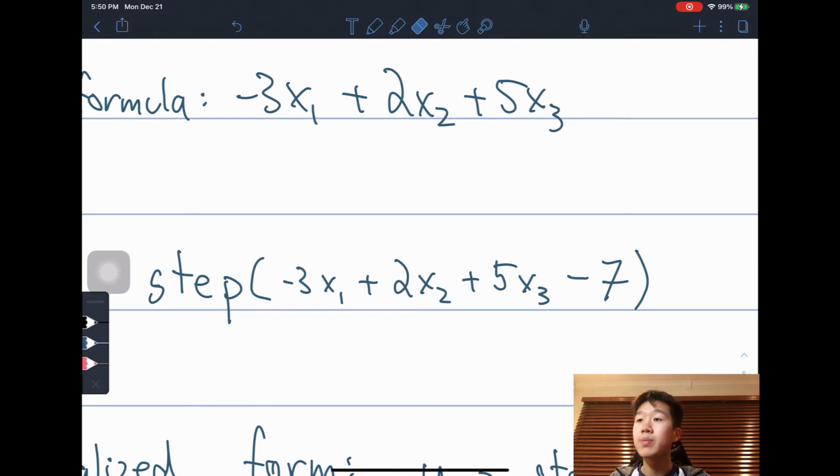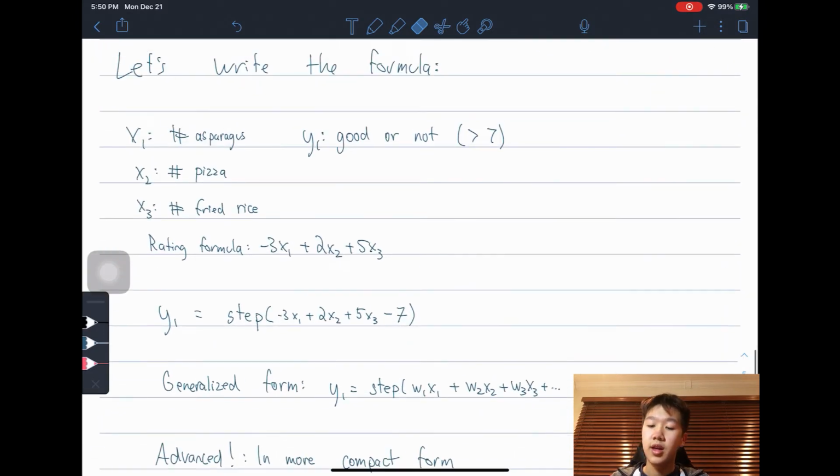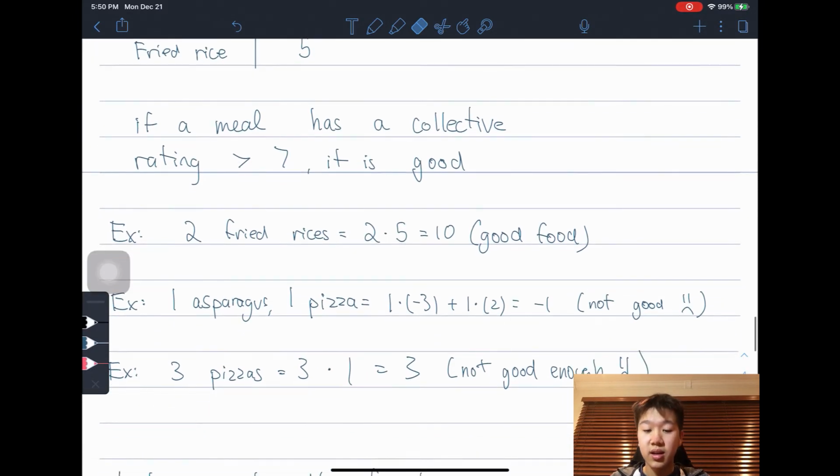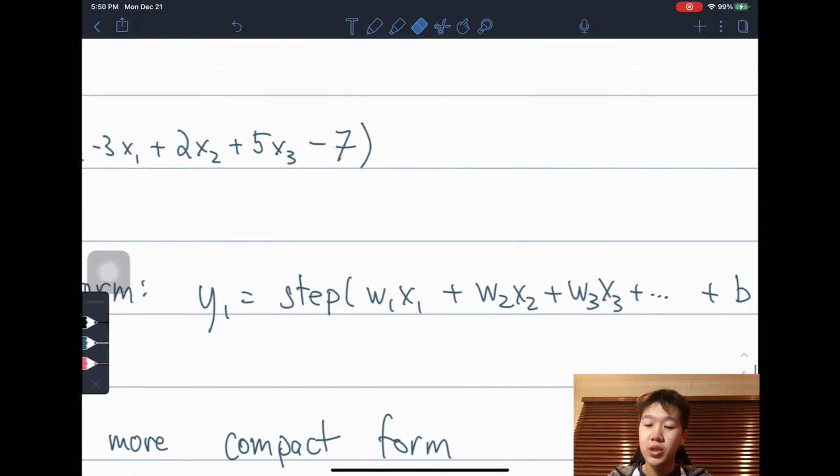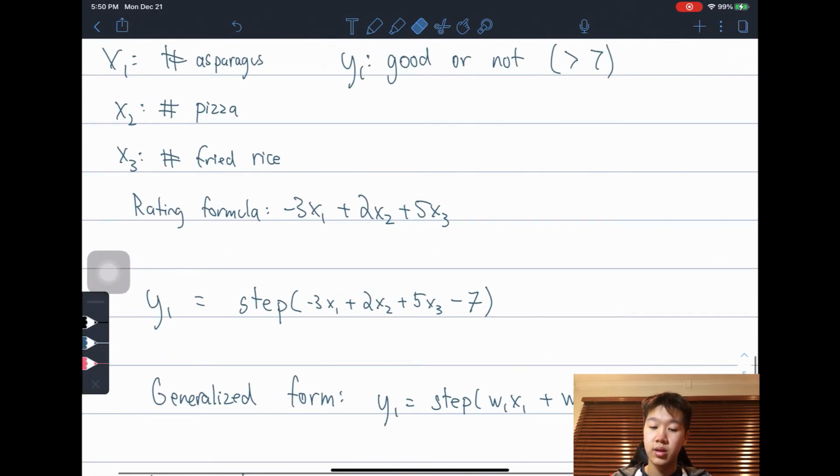And step of 3, because it's bigger than 0, gives me 1. If I take 1 asparagus and 1 pizza with a rating of -1, I get -1 minus 7, which is -8. That's way below 0, so step of -8 is 0.